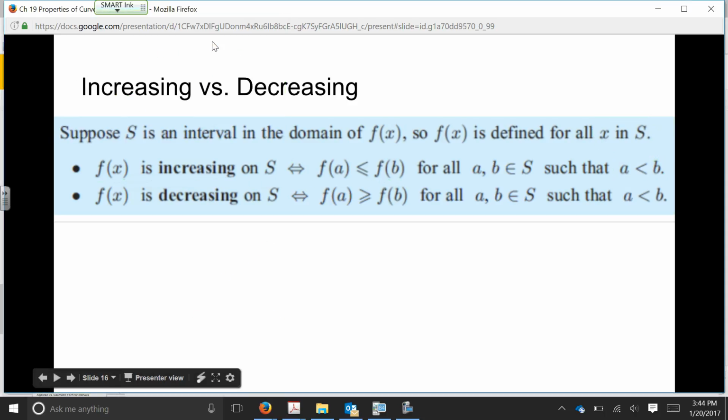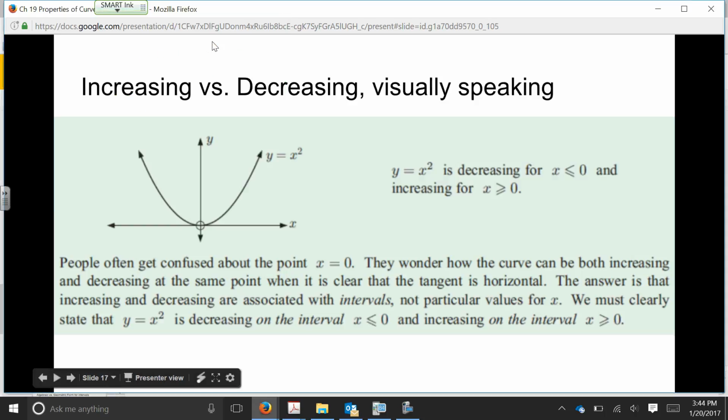So just like the previous video, these are not hard concepts, but just taking derivatives and then applying them. Now, you want to be careful in this particular example when we have x equals 0. At x equals 0, we know the derivative at that point is 0. But when we talk about where the function is increasing or decreasing, since I'm going from left to right, it's decreasing over that interval there.